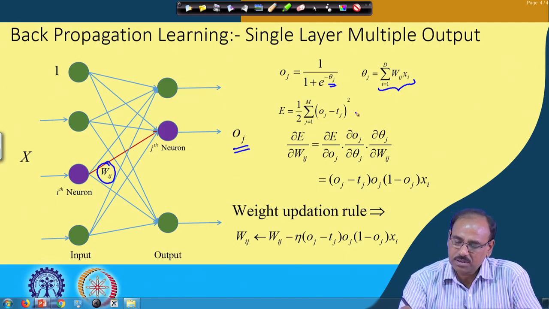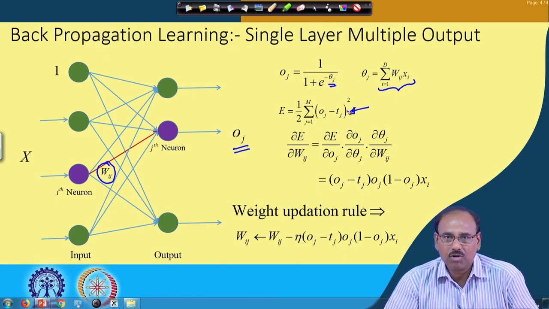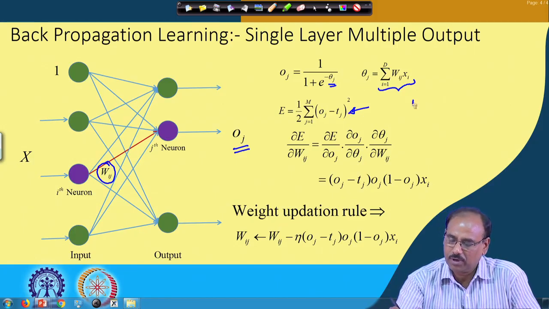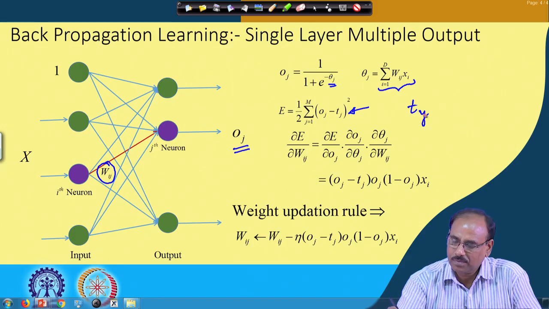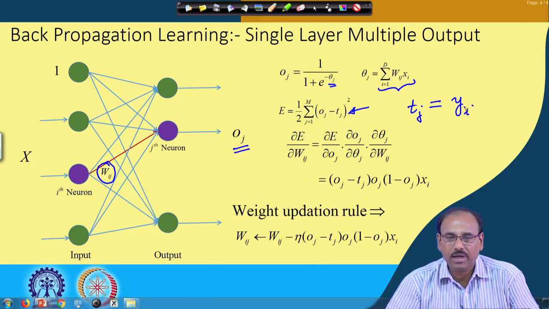Given this, we defined an error function or loss function, which is half of (O_j minus T_j) squared, where T_j is the target output, which is nothing but y_j, the actual class belongingness of the feature vector.